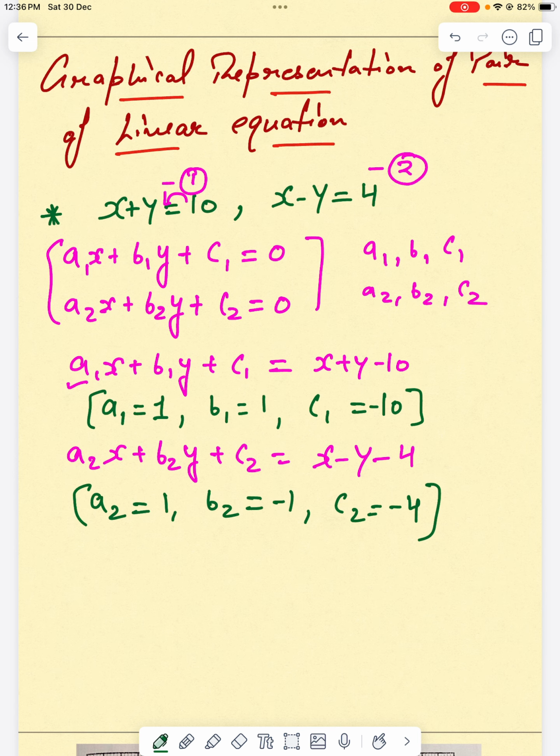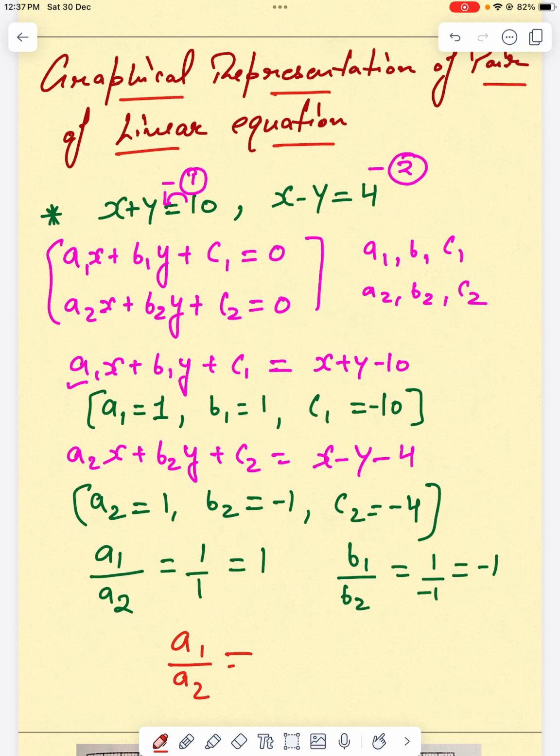I generalized the concept: if the given pair of linear equations is consistent, then a1 upon a2 is 1 upon 1, which is 1, and b1 upon b2 is 1 upon minus 1, which is minus 1. You can see clearly that a1 upon a2 is not equal to b1 upon b2.